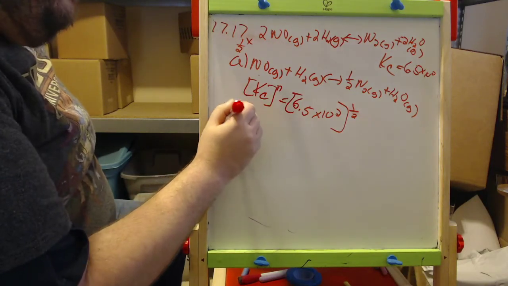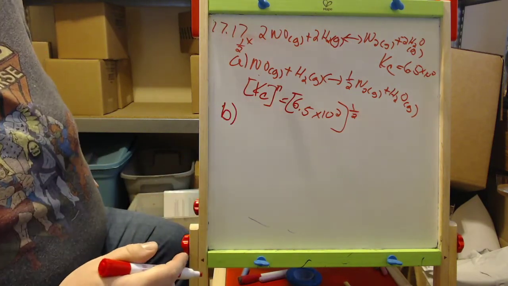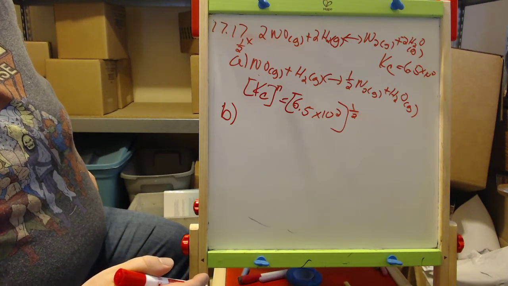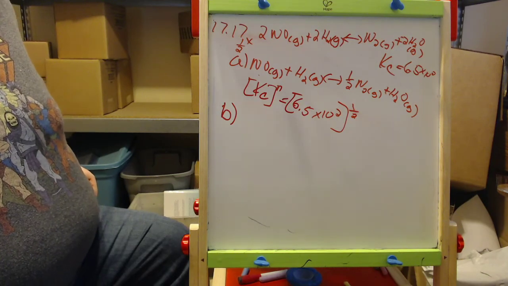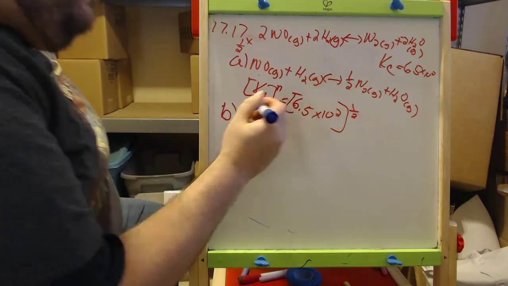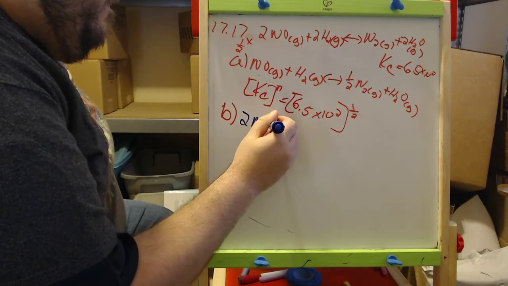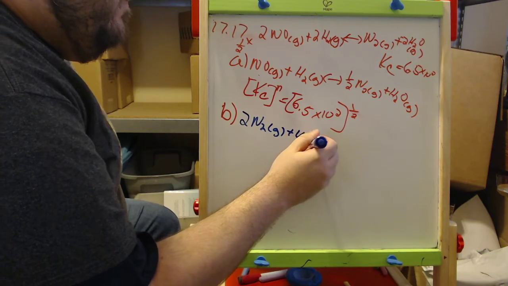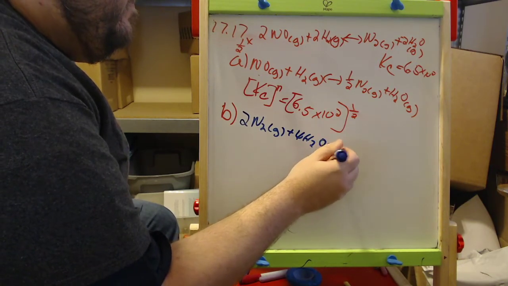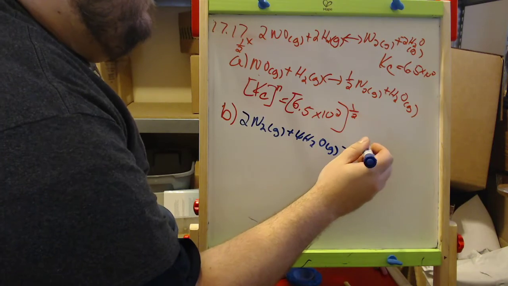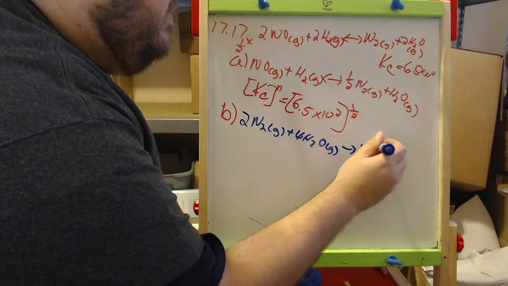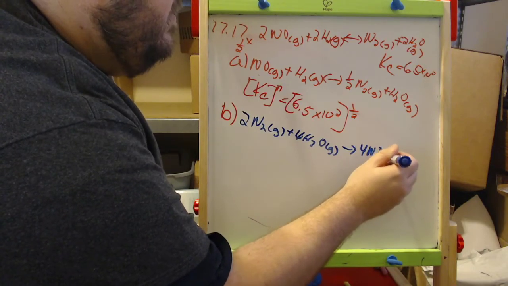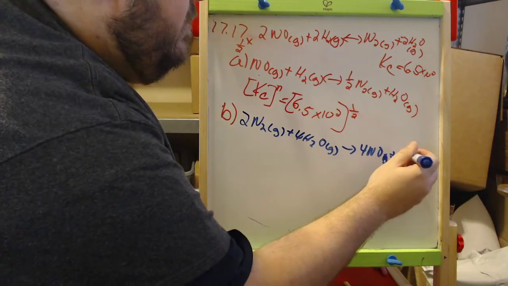For letter B, the equation is 2N2, so let me use a different color here. 2N2 gas plus 4 H2Os yields 4 NO gases plus 4 H2 gases.